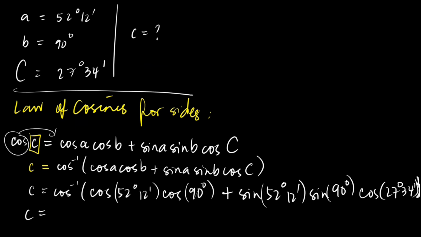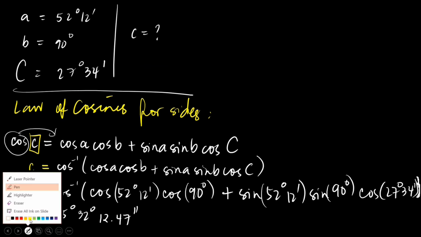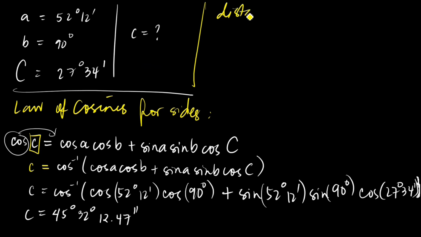We do have the answer in degree, minute, and second format: 45 degrees, 32 minutes, 12.47 seconds. This is on the calculator. Remember, what we need is distance. Since we have the angular measure, from degrees we need to convert to minutes and then to nautical miles so that we can have the distance.